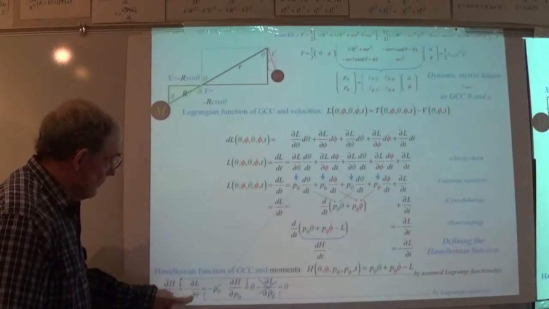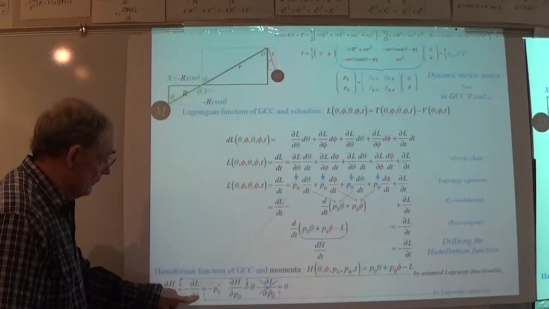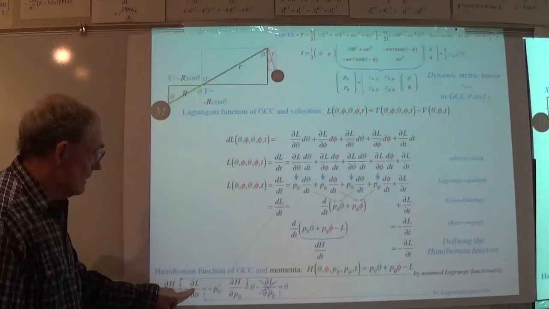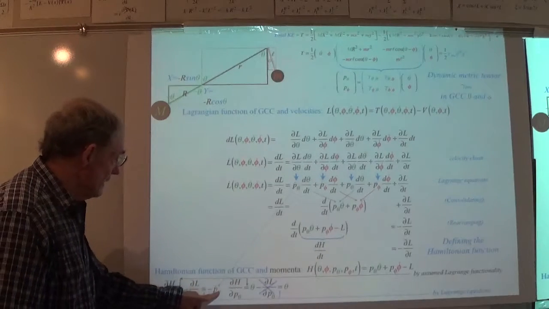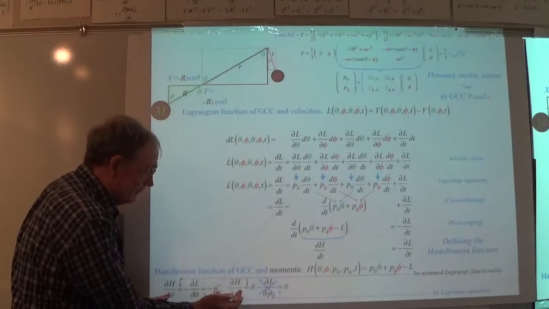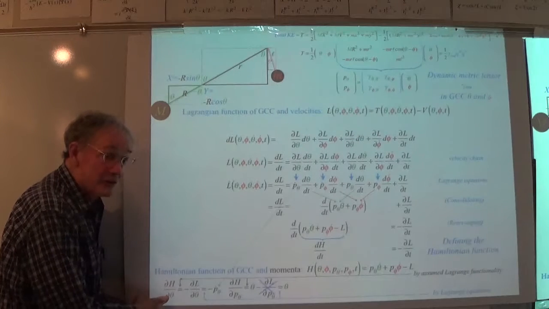So I need a minus partial derivative with respect to theta of the L coming there. Okay, so there's a minus P dot theta right there. So really, this is Hamilton's first equation. This is Hamilton's second equation showing up here.